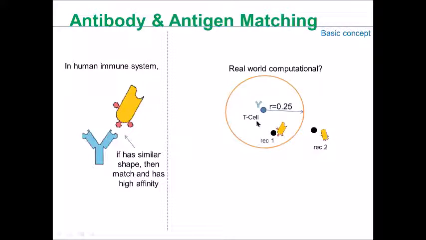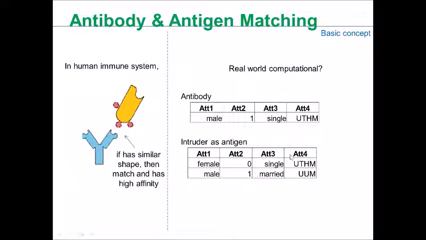attacker. Let's say this is a T cell. This is record 1, this is record 2. We will calculate the distance. If it is within this range, it will recognize it, so this T cell can recognize and kill this attacker.